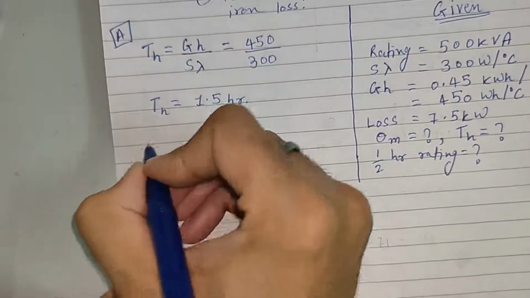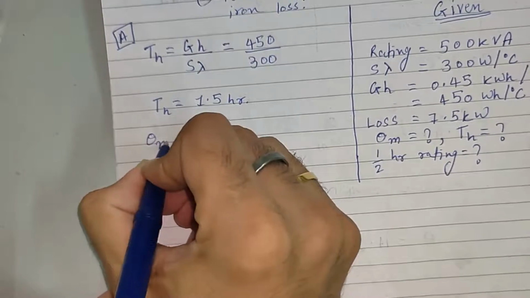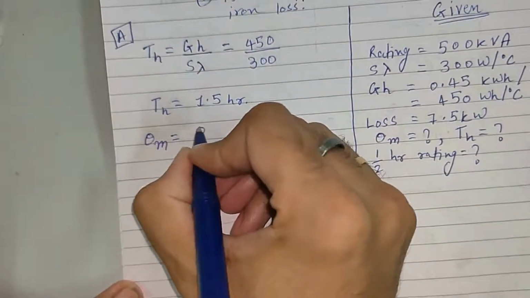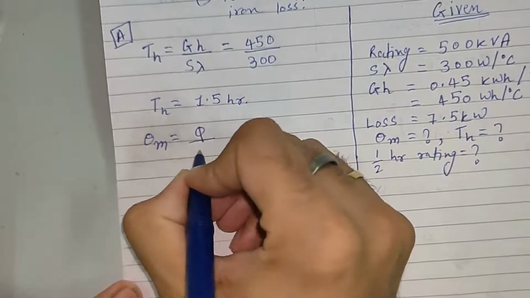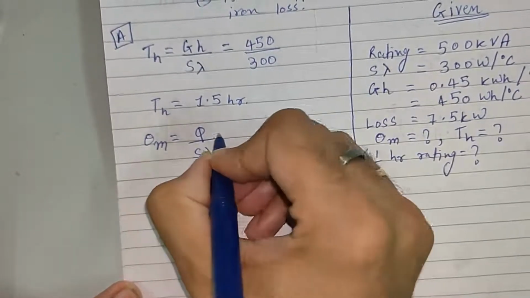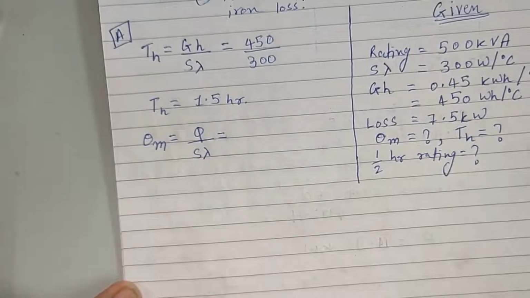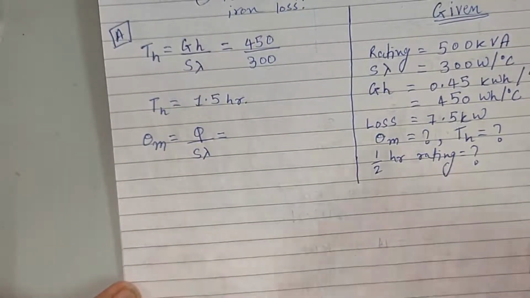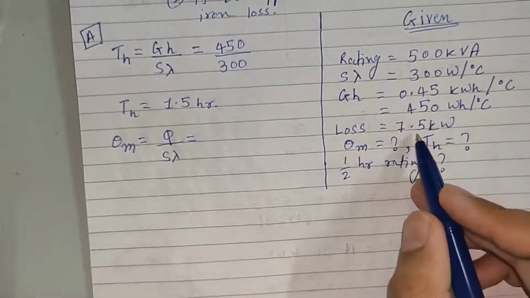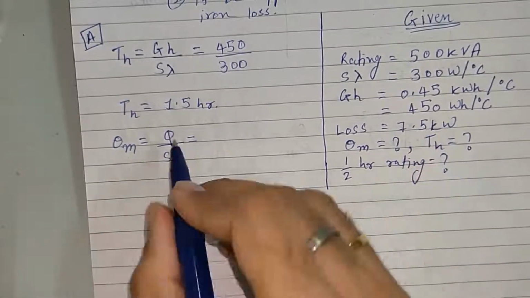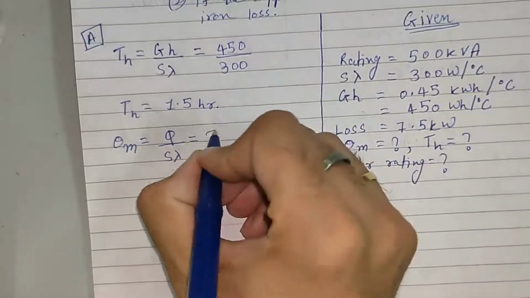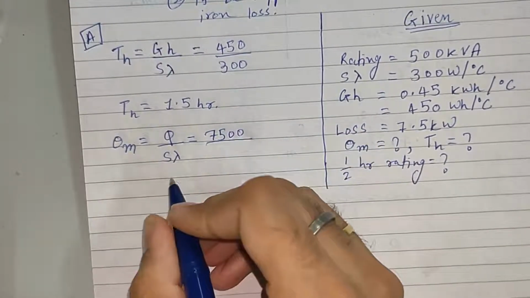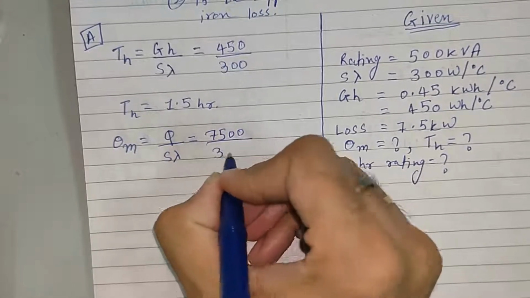Similarly, the value of theta m could be found out by a simple formula Q upon S lambda. We have seen this formula in the prior derivations. Again, Q is the total losses, as we have seen is 7.5 kilowatts. So here it could be written as 7500 watts divided by the value of S lambda, which is 300.